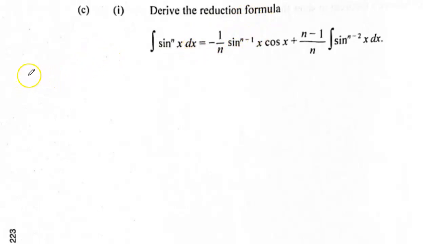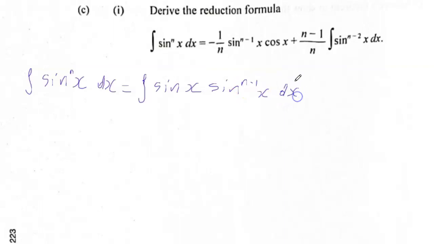So we know the integral of sine x to the power of n dx we can rewrite as the integral of sine x times sine x to the power of n minus 1 dx. So we rewrite that using the laws of indices.